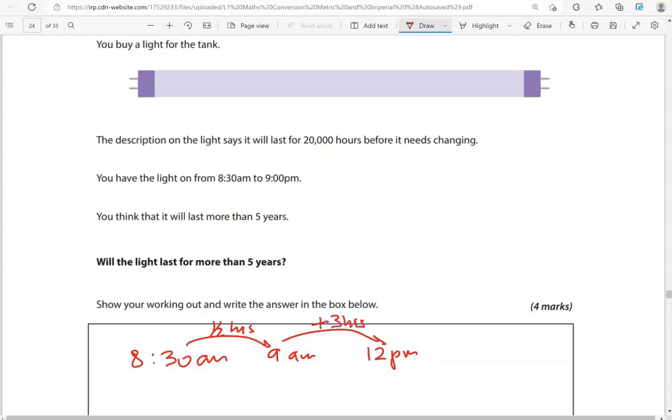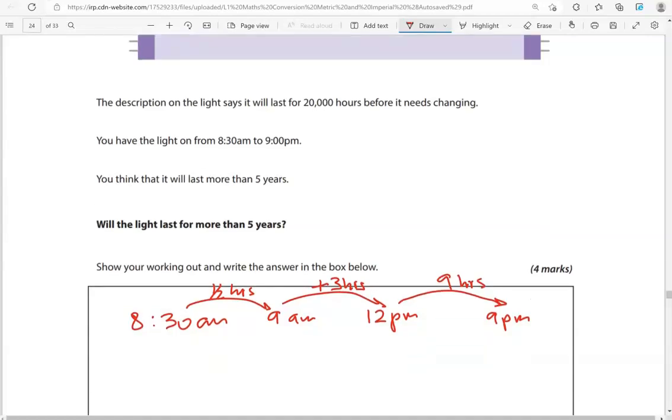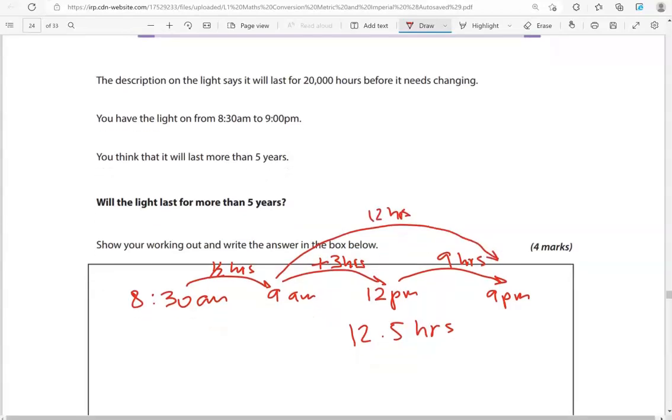From midday to 9 p.m. is 9 hours. So 9 and 3 is 12, and a half, so 12.5 hours. You could also jump from 9 a.m. to 9 p.m., which is 12 hours. Whichever way you prefer. So 12.5 hours a day.